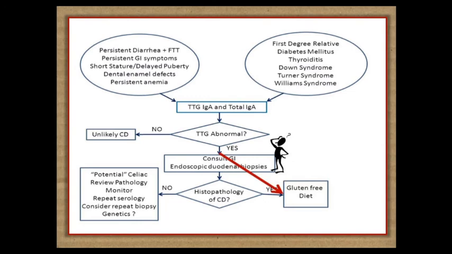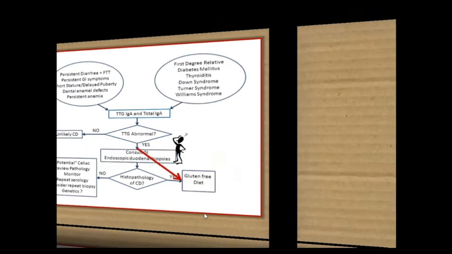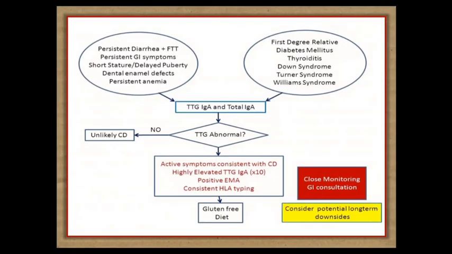They say that the diagnosis can be established without doing histopathology or jejunal biopsy. They mentioned here active symptoms, highly elevated tTG, positive anti-endomysial antibody and consistent HLA typing. Go directly to the gluten-free diet.